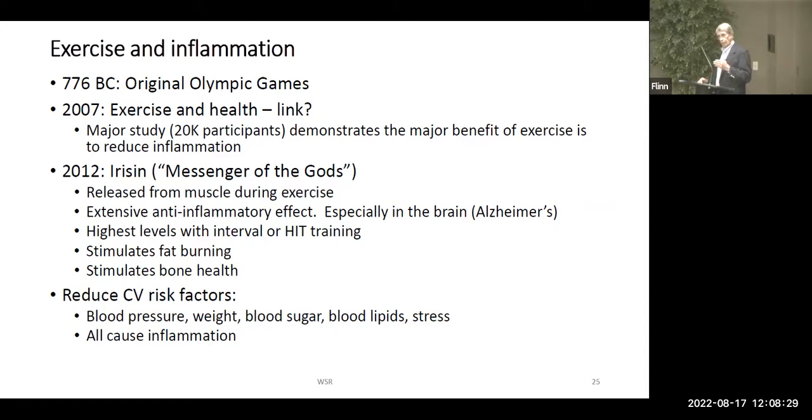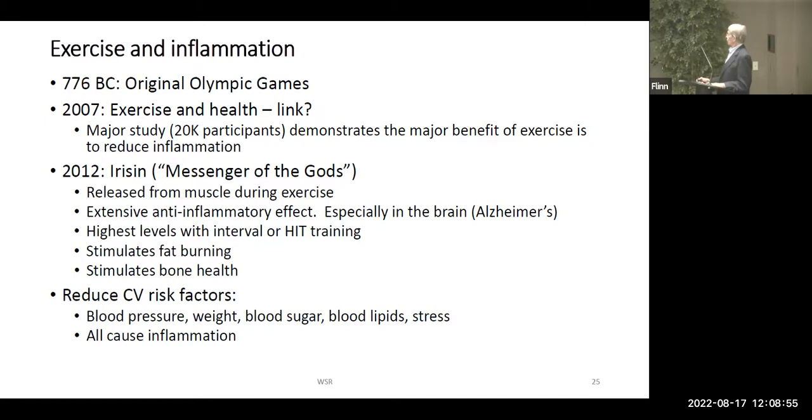So most of us who have been plodding along on our treadmill doing the same thing for years should start doing a little more of this interval training, HIIT training. It stimulates fat burning, stimulates bone health, and it has a whole other list of things that it does beneficially for the body, which I won't go into.